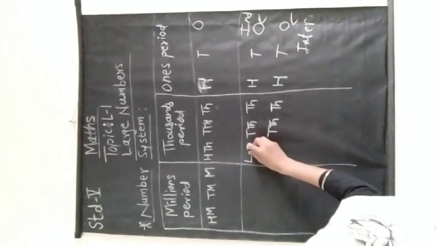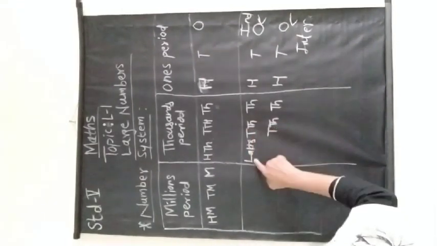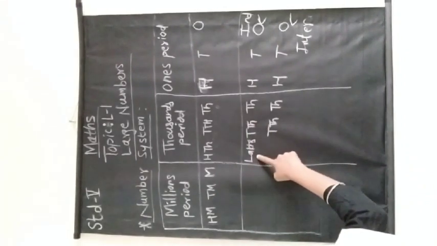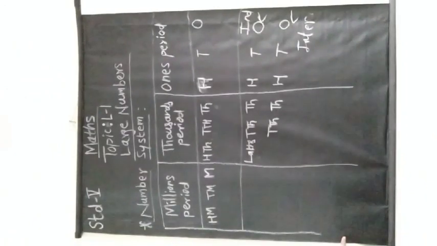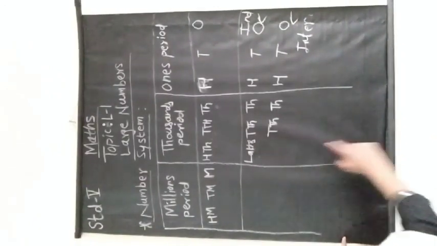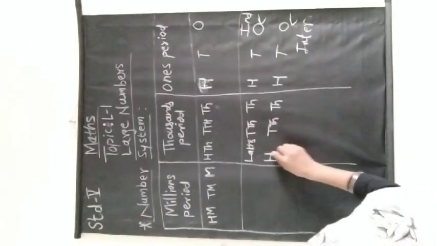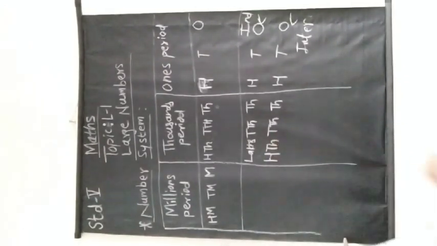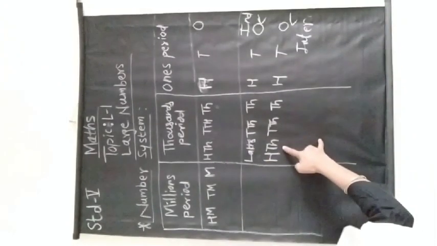Instead of 100,000 we are using lakh. That means we are reading it as 1,00,000. But in the international system we are using 100,000. Instead of lakh we are using 100,000.